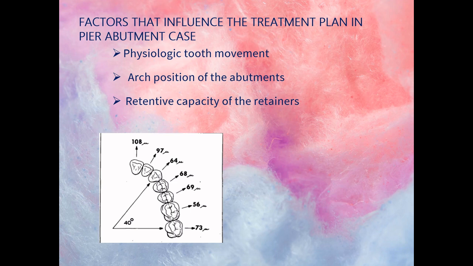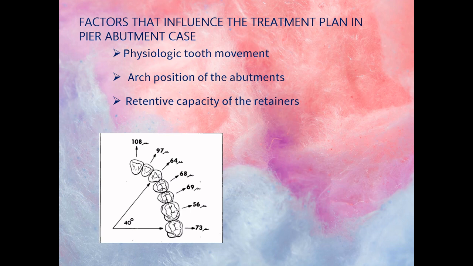The second factor is the arch position of abutment. Because of the curvature of the arch, the buccolingual movement of anterior teeth occurs at an angle to the buccolingual movement of posterior teeth. You can see here the faciolingual movement of the canine actually occurs at an angle of 40 degrees to the buccolingual movement of a second molar.